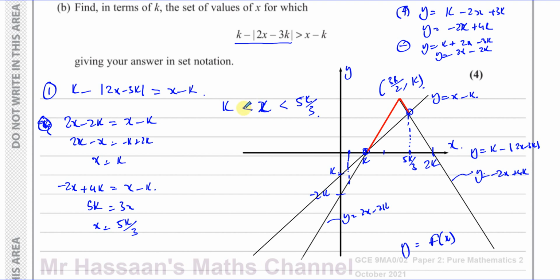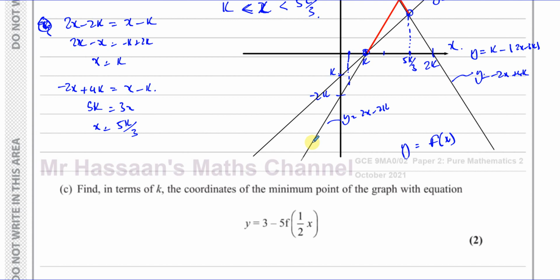So when x is between k and 5k over 3. Now they say give the answer in set notation. So we could write this in a couple of ways. We can say x is such that x is between k and 5k over 3, without the equal sign, because it says just greater than, it doesn't say equal to.